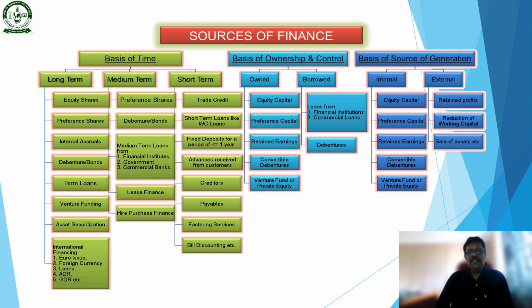The long term funds here list out equity shares, preference shares, internal accruals. What are internal accruals? The internal accruals are nothing but the reserve of profits or retention of earnings that the firm has created over the years.